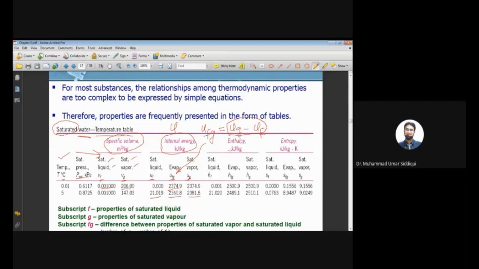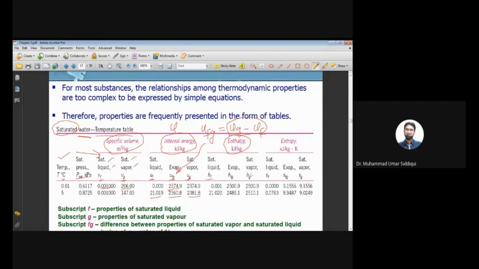Then we have another property here, enthalpy. We're going to discuss enthalpy in a moment after that, but just consider it here. There's a property enthalpy. It's kilojoule per kg. It's again a form of energy, and it's represented by H. So its HF value is the enthalpy at this specific temperature for saturated liquid.